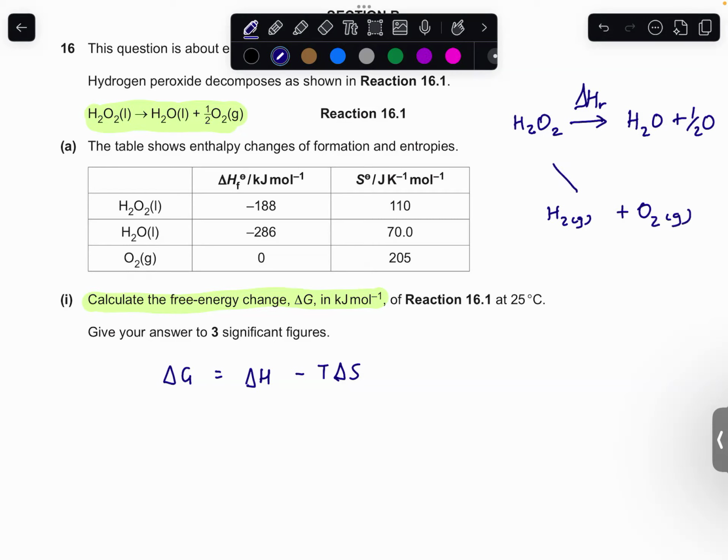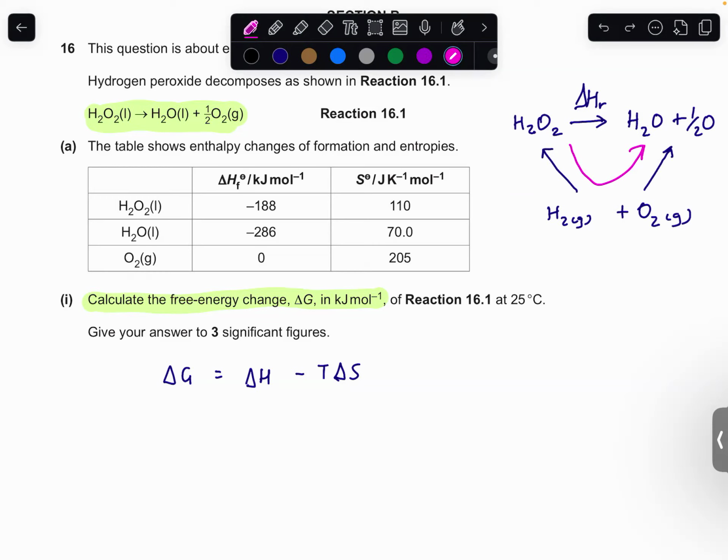So the arrows actually go up. And so the enthalpy change of formation of hydrogen peroxide, H2O2, you're going against the arrow here, so it's going to be minus that. And here, you're going with the arrow, so it'll be plus that.